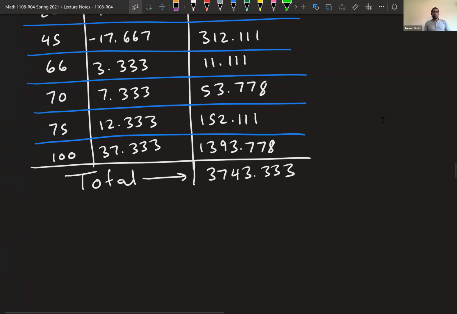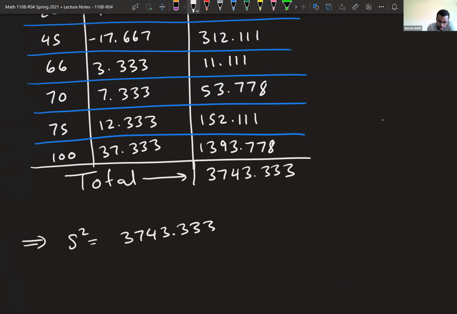And so from here, what you can do is find the variance, s squared. That's going to just be this, 3743.333 divided by n minus 1.